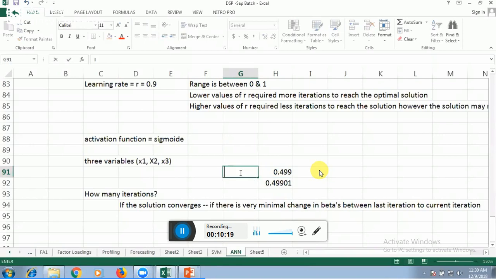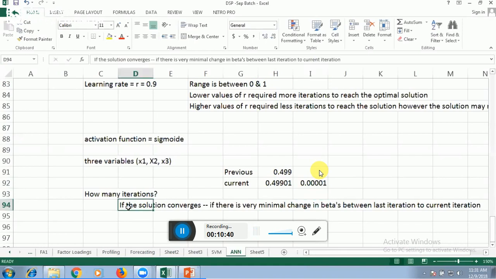This is the previous iteration and this is the current iteration. The difference is 0.0001, right? If that is very minimal, you don't need to iterate again. That's what it means that the solution converges.